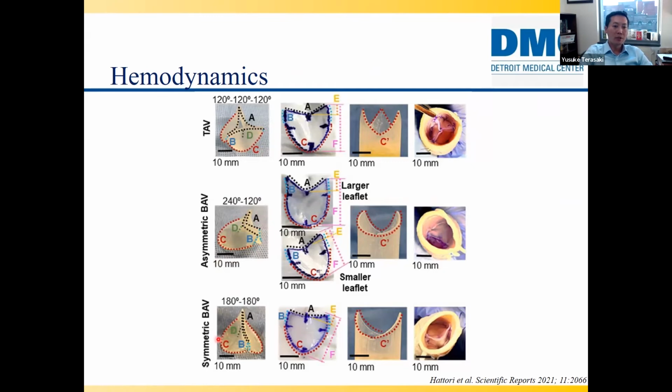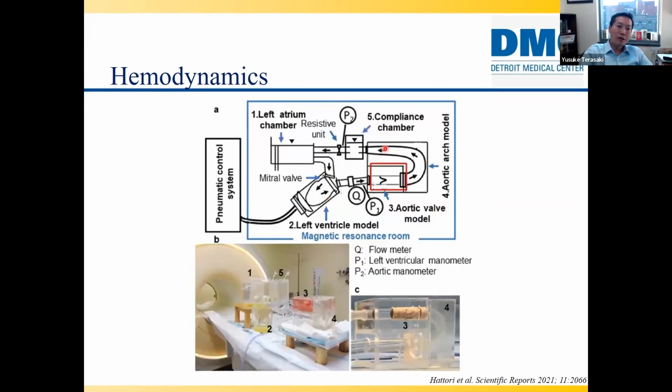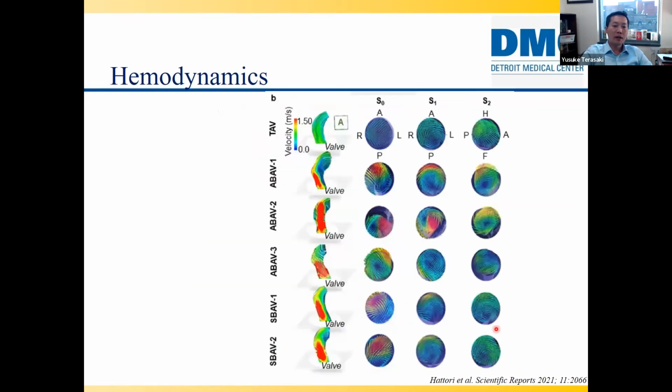And this is the symmetrical type of BAV, which is almost like the type 0 or no raphe type of valves. They recreated all these types of valves using bovine pericardium, then built a pump that resembled a human heart, ran it through this 4-dimensional MRI, and looked at the stress that the flow had against the aortic root as well as the different parts of the aorta.